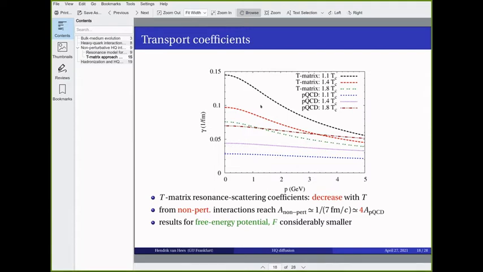My question is related also to the presentation of Ralph. At some point, Ralph was mentioning that there is still some strength in the transport coefficient that is missing, because there is some channel that should be considered and has not yet been considered.